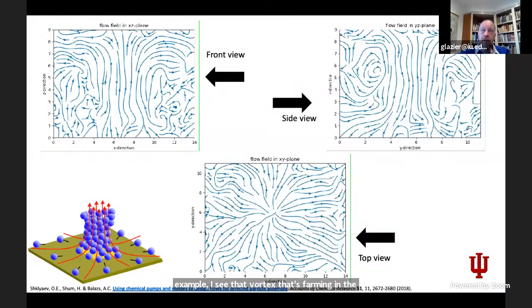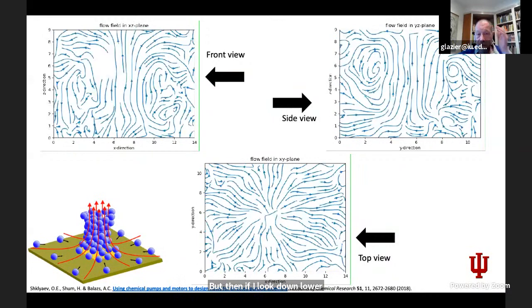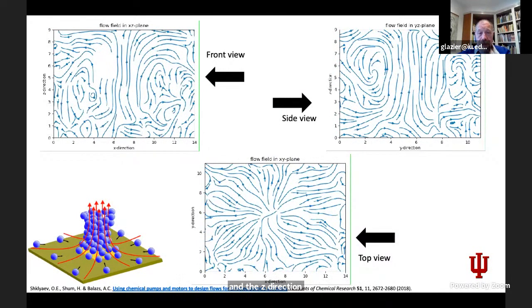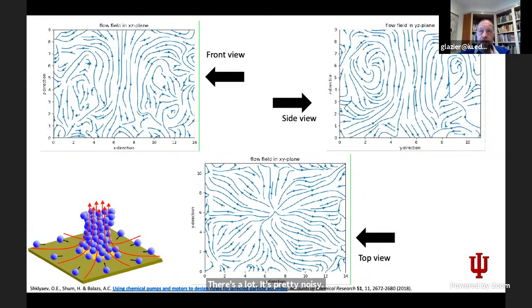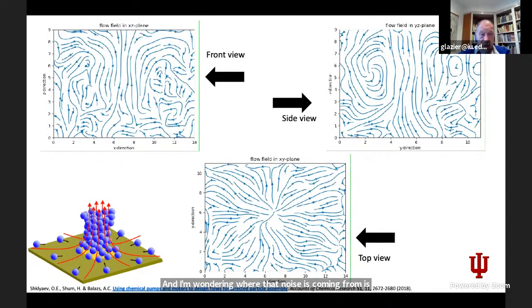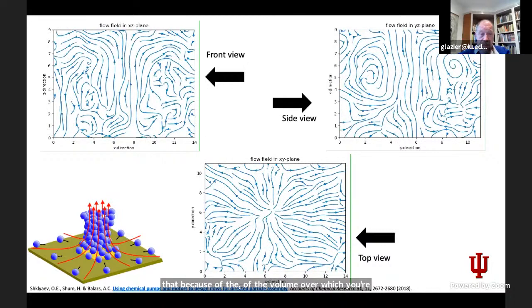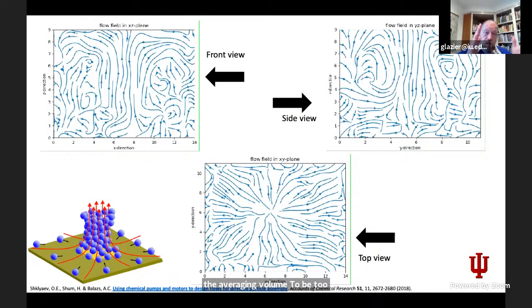But then if I look down lower, at the bottom half in the Z direction, it's pretty noisy. And I'm wondering where that noise is coming from. Is that because of the volume over which you're averaging? So there aren't enough particles inside of the averaging volume to be smooth? Or is this a moving average?